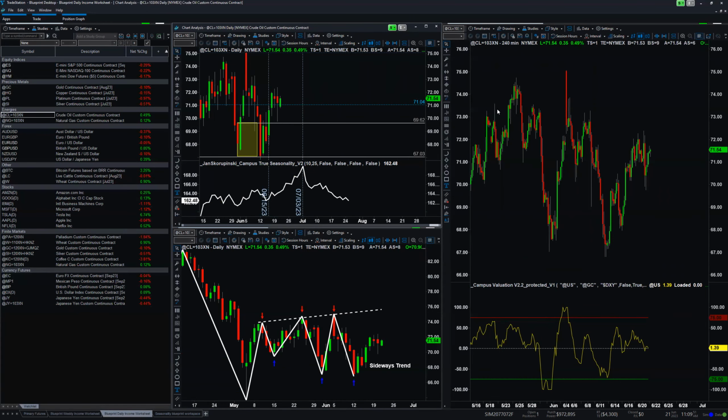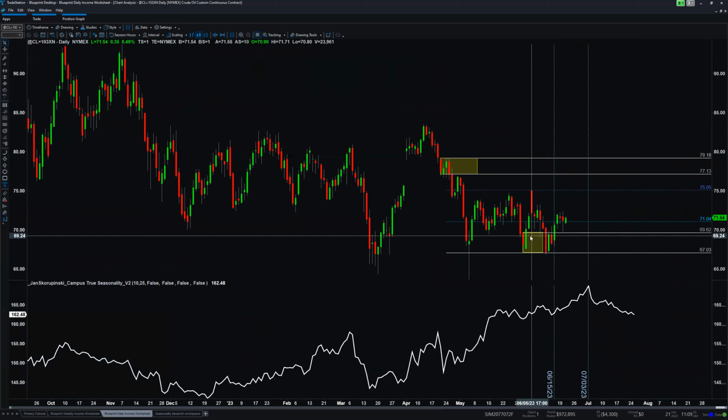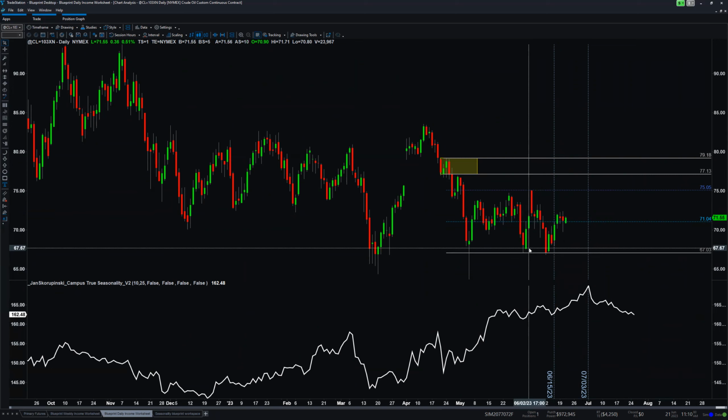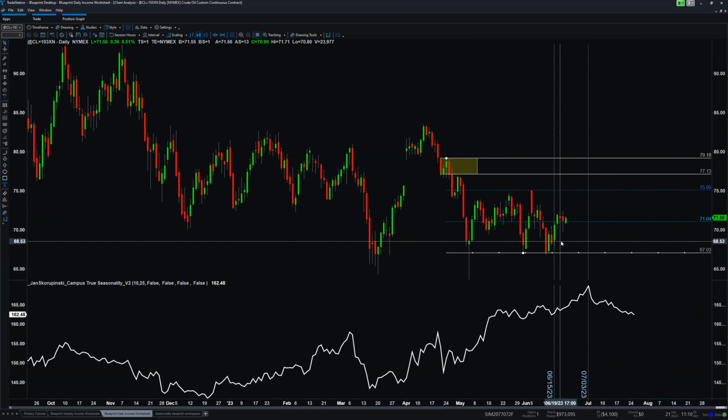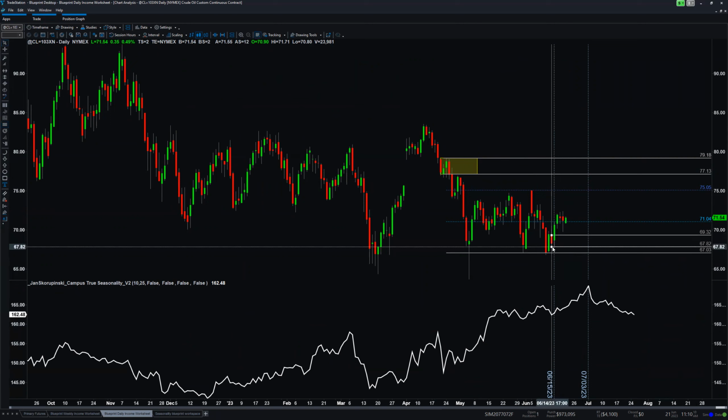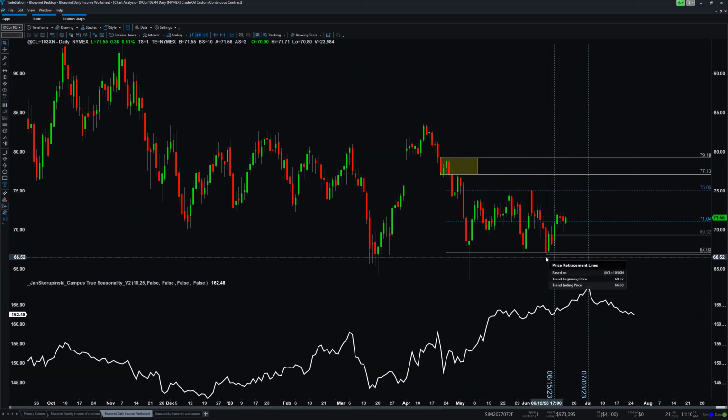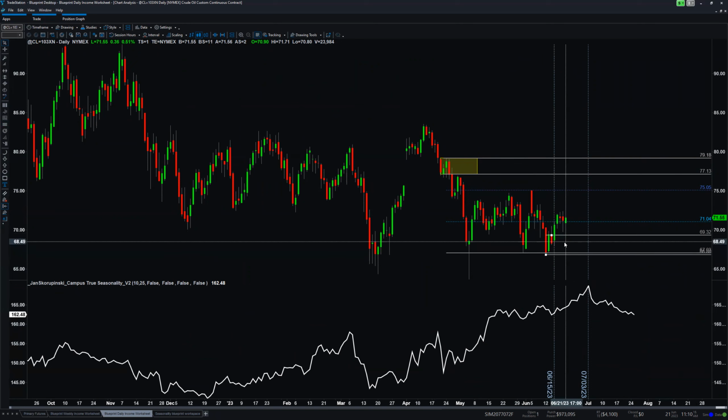So let's start with our location, see if anything has changed here. The demand has changed a little bit, right? So this was our prior demand, and that's where the yellow boxes come in quite nicely, because now I can see there's a new rally-base-rally here. And with that, I'm just going to cover myself again with the entire low.